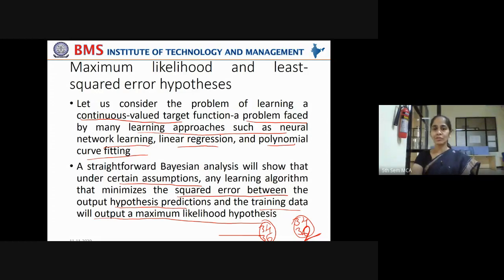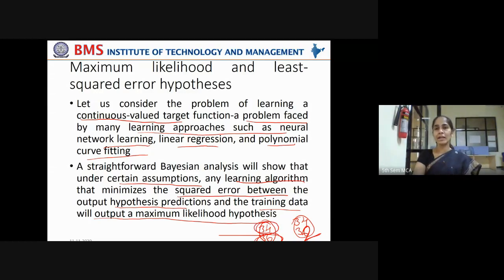Under these assumptions, any learning algorithm that minimizes the squared error between the output hypothesis predictions, say this prediction of 36, and the training data, where it is given as 34 when it is learning.